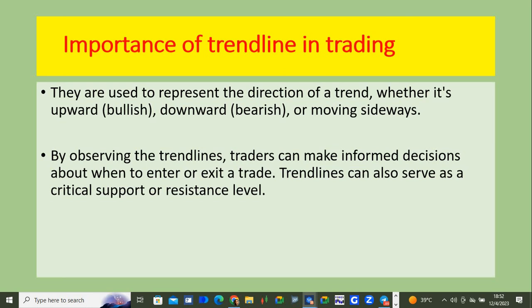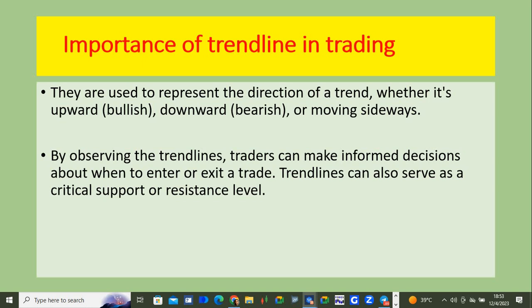So now let us look at the importance of trend lines in trading. They are important because they are used if you want to look at the direction of a trend. It could be an uptrend, which is bullish. It could be a downtrend, which is bearish. Also, you can use it in sideways or ranging markets.